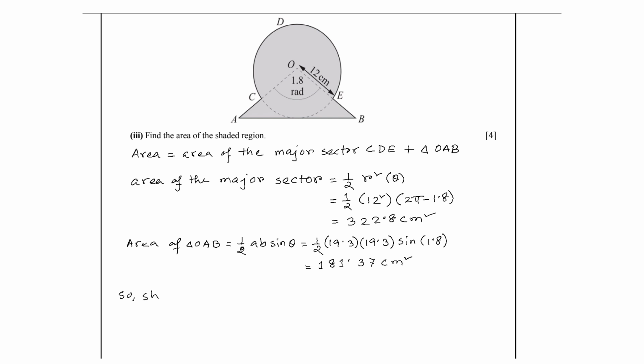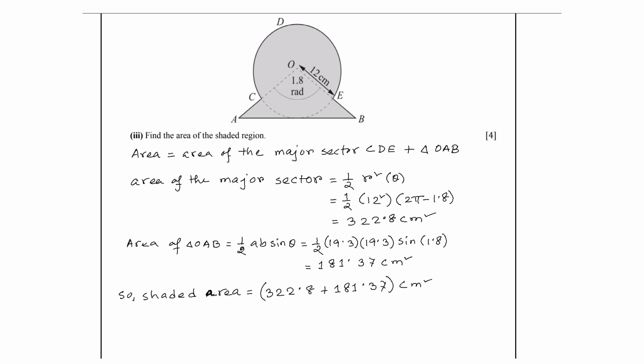So let's add them together. So area of the shaded region is 322.8 plus 181.37 centimeters squared.